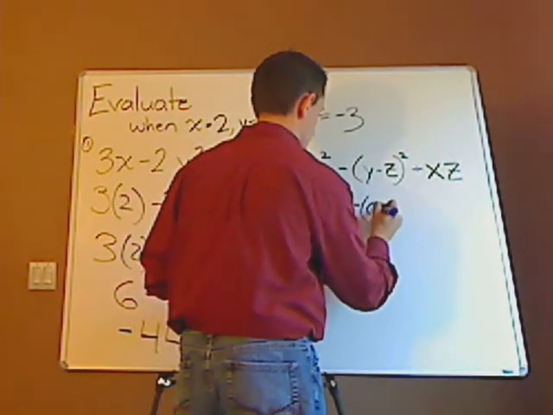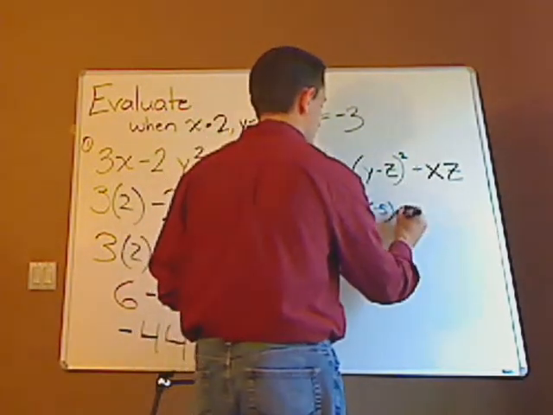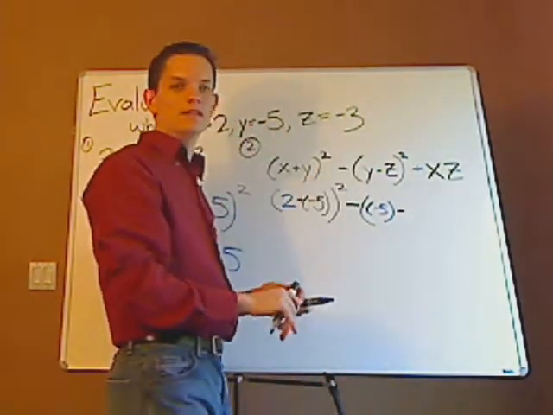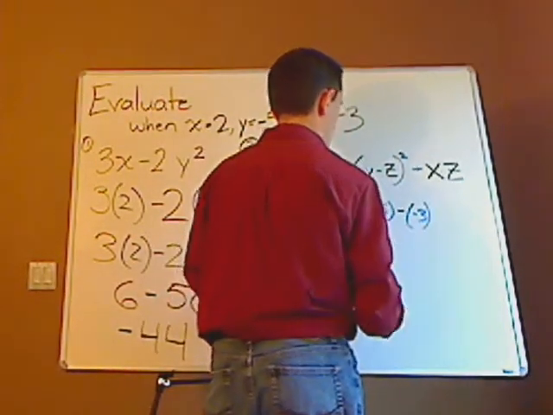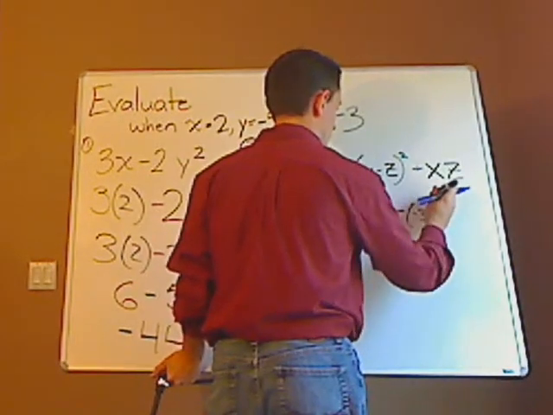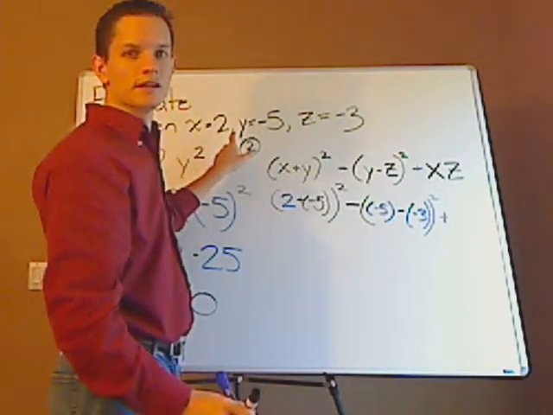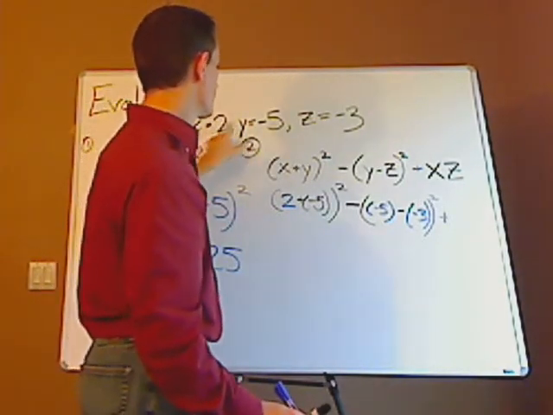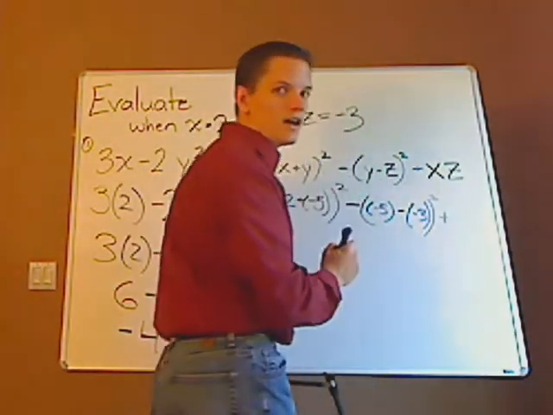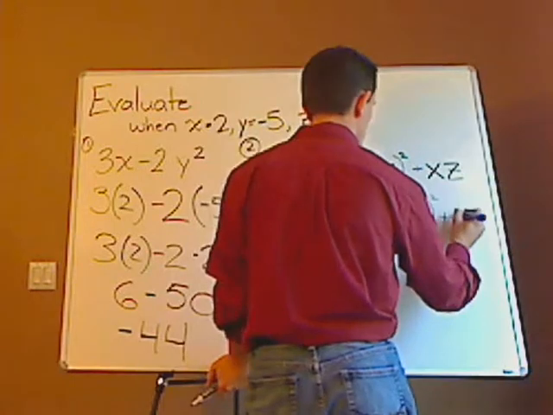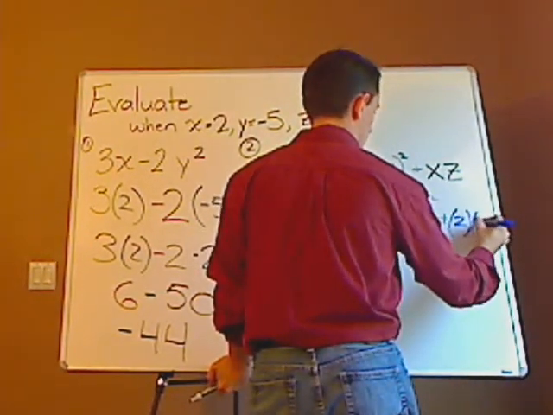Again, I'm going to use parentheses -5 minus, and my z is -3. So -3 close parentheses squared plus, and then it's plus the x times the z, right? Because those variables are right next to each other. So that's 2 times a -3.